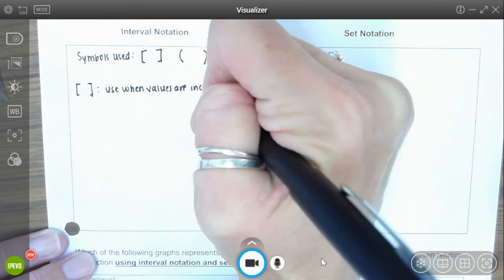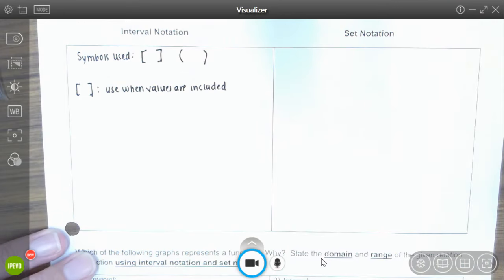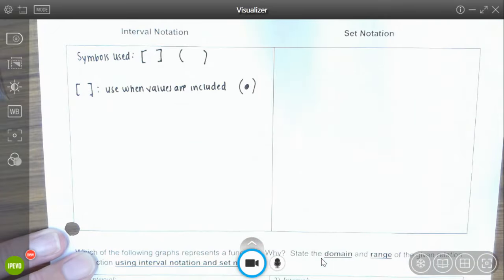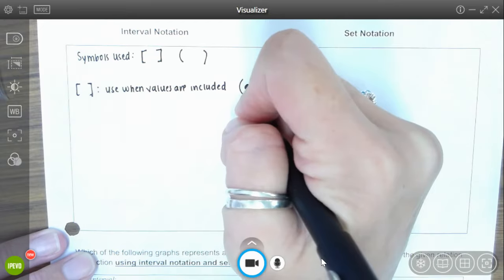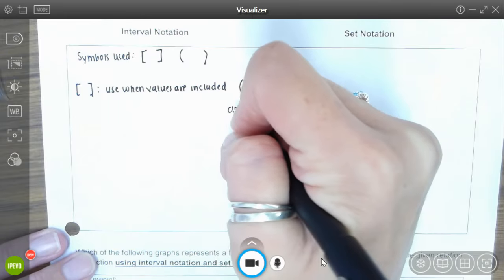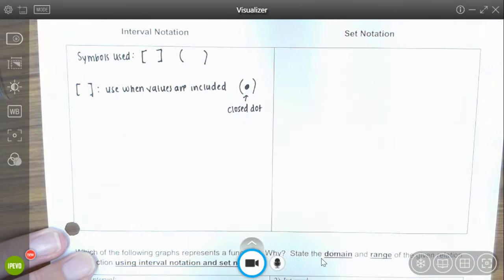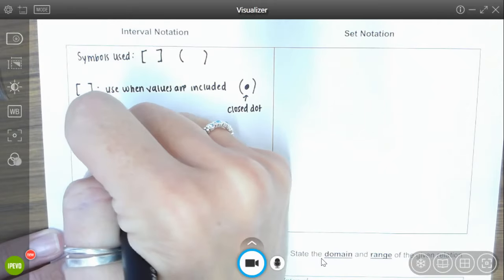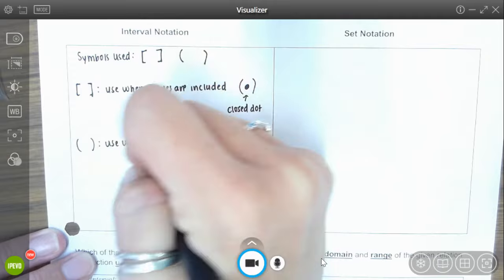And we'll talk about how to recognize that on the graph. But a good rule of thumb for this is if you see on the graph that you've got a closed dot, that's going to be a good indication that you want to use a hard bracket. We use parentheses when the values are not included.